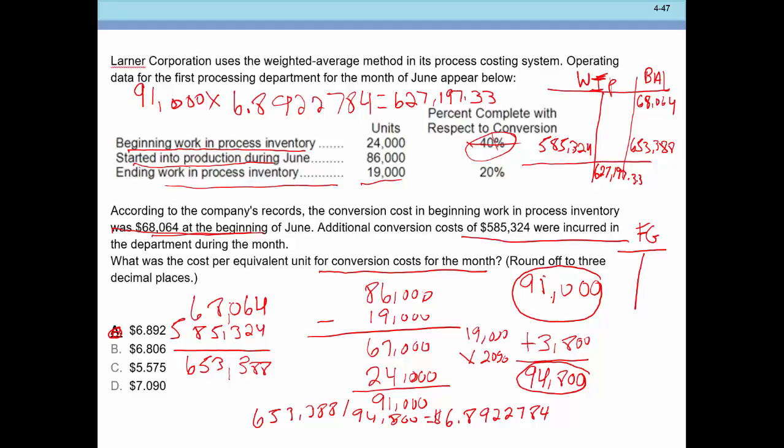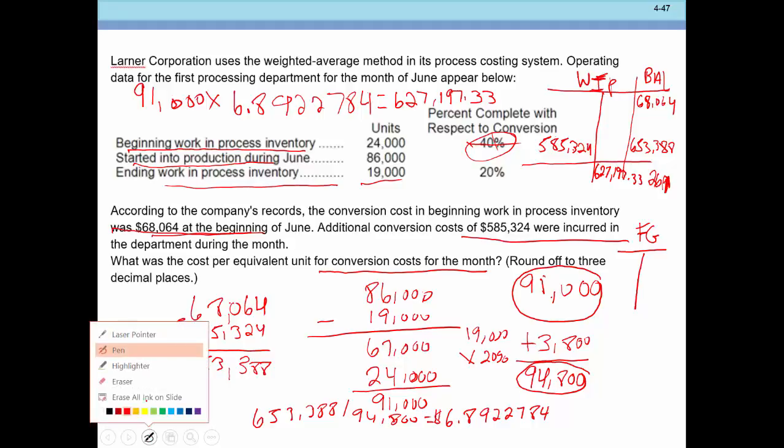Okay, and the balance now becomes what? Becomes the ending balance in my work in progress, which is going to be, in this example, 26,190.